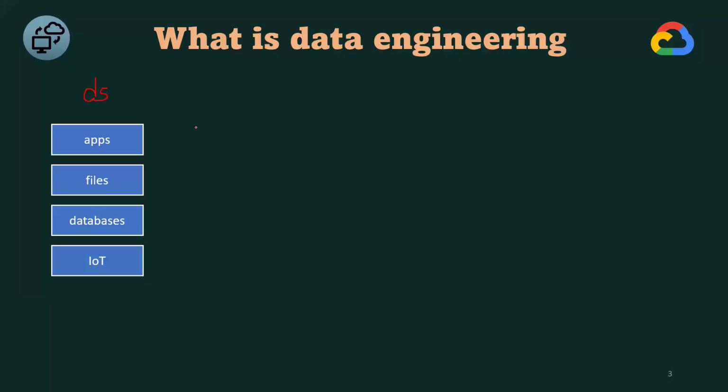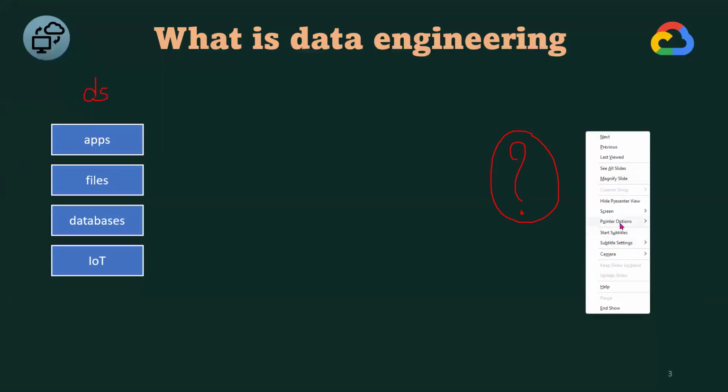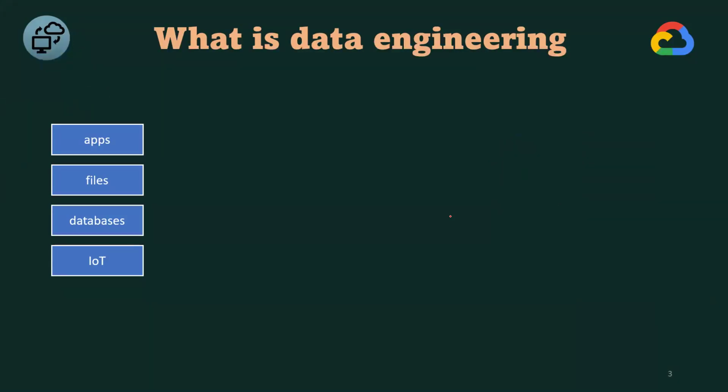Sir, what does the data engineer do with these data sources? That is the question: what are we going to do with these data sources? With these data sources, we are going to read the data properly. Why do we need to read the data, sir? Let me tell you.